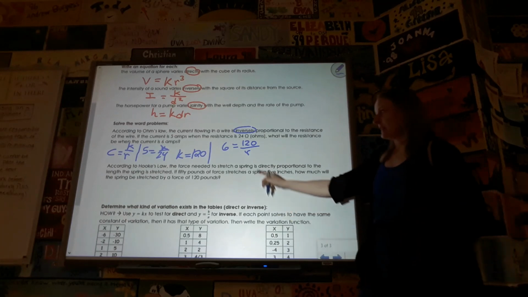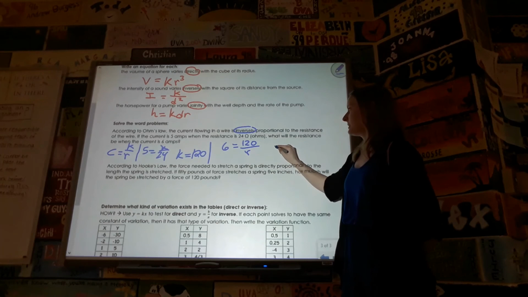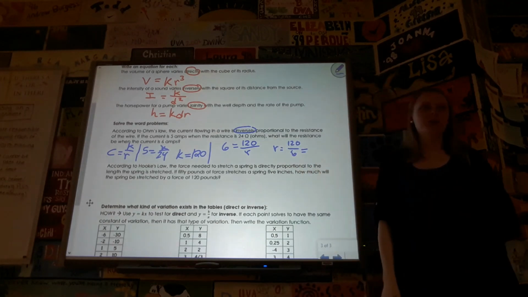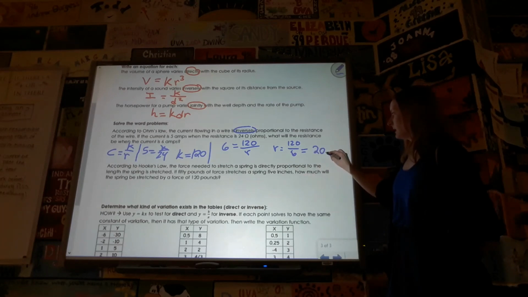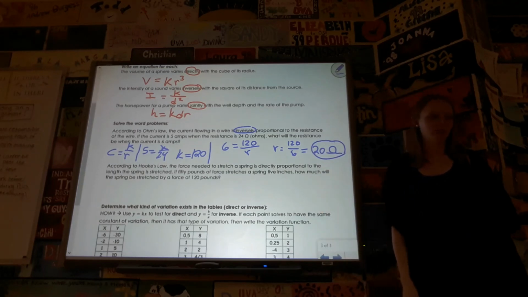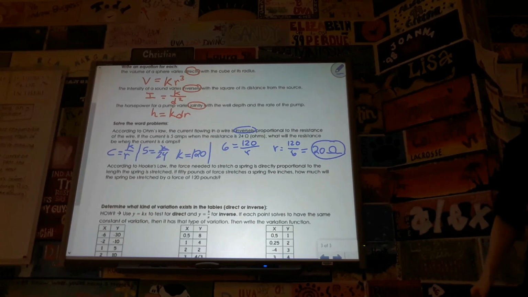And remember, if you guys have something here, you can swap those. So I'm going to swap the 6 and the R. And then 120 divided by 6 is 20. So the answer, if you're including the units, the ohms, that weird symbol, omega, 20 ohms.